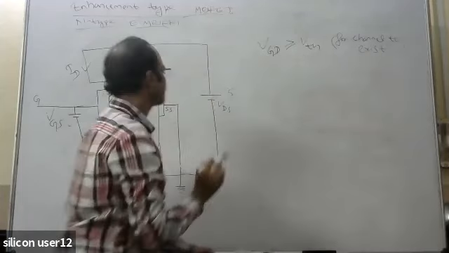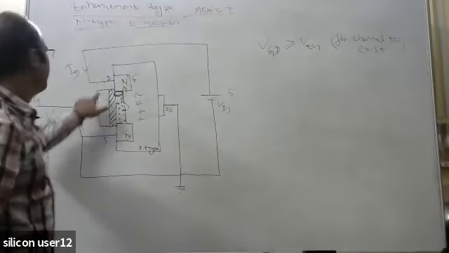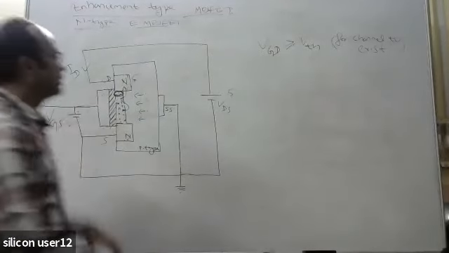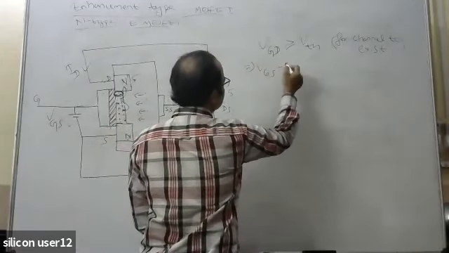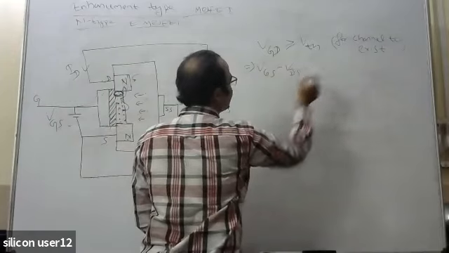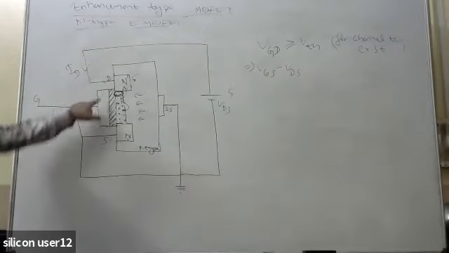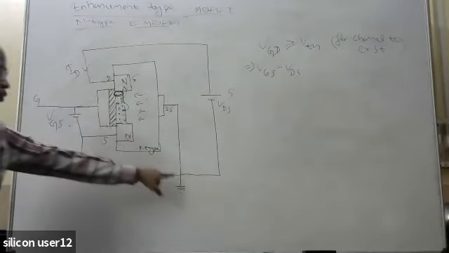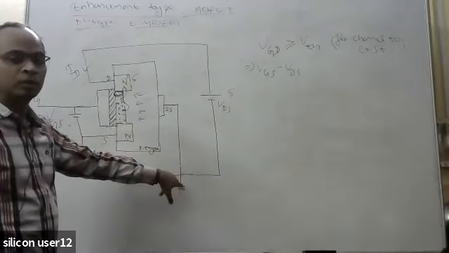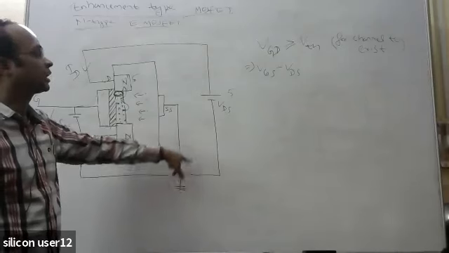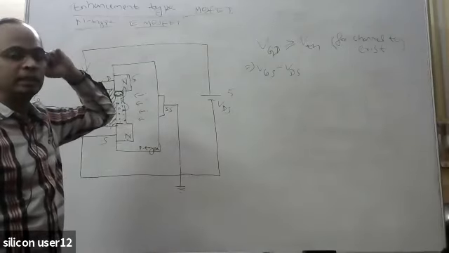VGD means the gate to drain voltage. I can say VGD is also equal to VGS minus VDS. Yes or no? Because let us say gate voltage with respect to source voltage, and drain voltage with respect to source voltage. If I subtract them, that is equal to VGD.